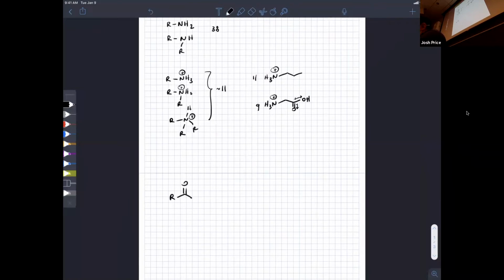The amide, that's a different animal than an amino group because of the presence of this carbonyl oxygen. Those groups have a pKa, but it's generally high enough to not be important in aqueous solution and to not be important in a lot of organic chemistry. So if you see a group like that, you can ignore it.